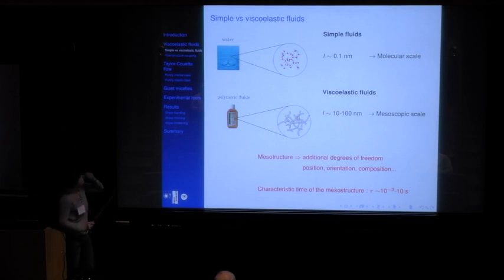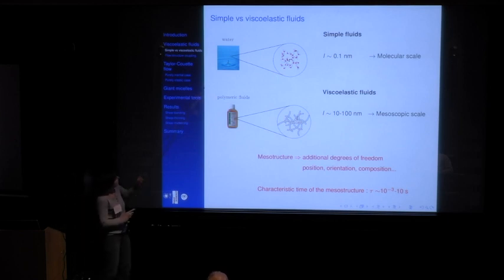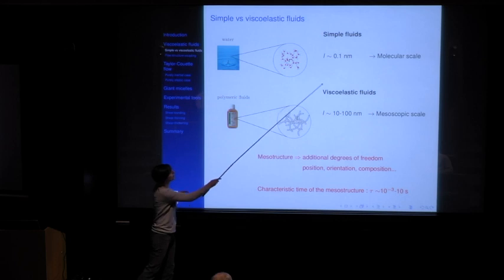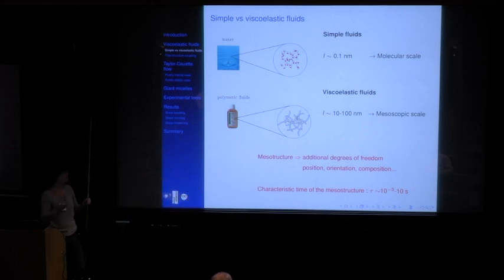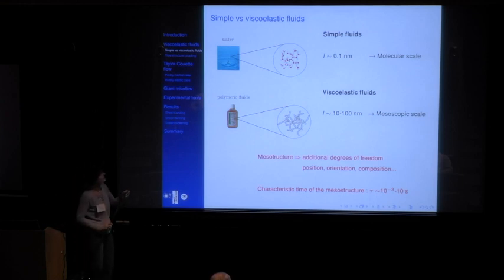So just a few words about viscoelastic fluid. One way to define a complex fluid is to look at the length scale and time scale involved in the system. So a simple fluid like water is structured at the molecular scale, so typically 0.1 nanometer, and the corresponding time scales are associated with the molecular rearrangement, and they are in the order of the picosecond typically.